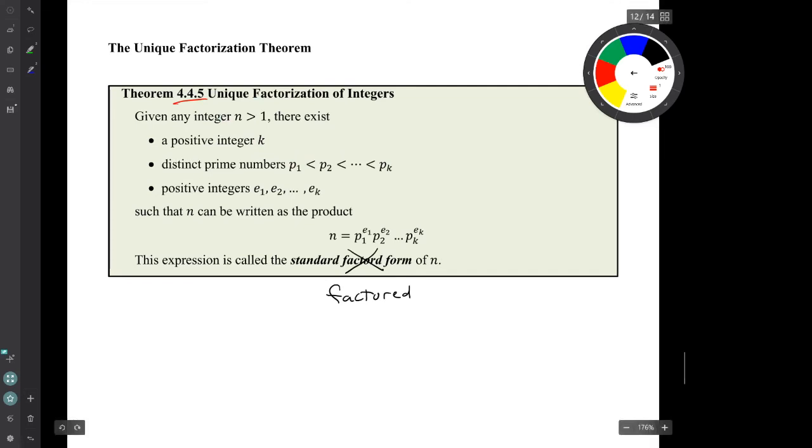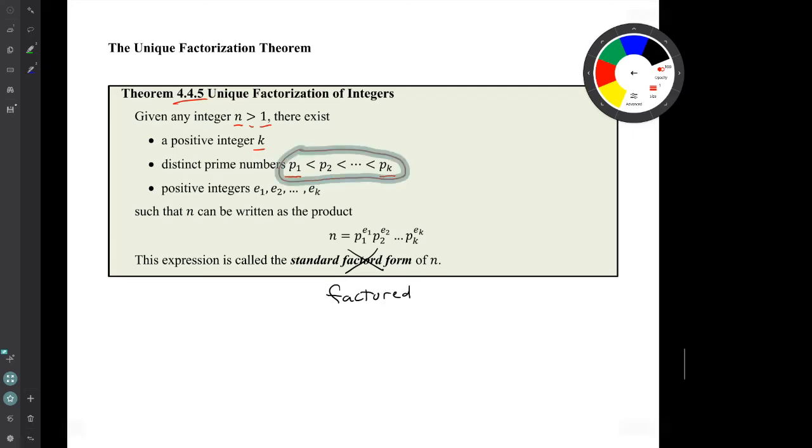Given any integer n that's greater than 1, there exist three things. There's a positive integer k. There's a list of prime numbers, k of them, starting with one called p subscript 1, ending with the one called p subscript k. A bunch of prime numbers in increasing order. I've got them listed in increasing order.